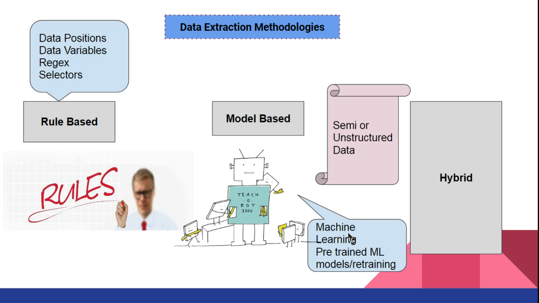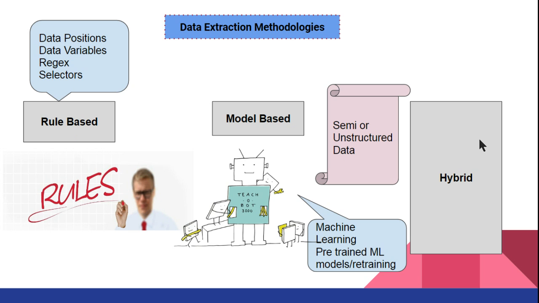You do not have to first learn machine learning and then go to document understanding. It is not required, you can just continue with these videos and you will understand. For semi-structured and unstructured data, model based extraction is much more useful. Then the third thing is the hybrid model. If you mix rule based and model based, then comes the hybrid data extraction method.